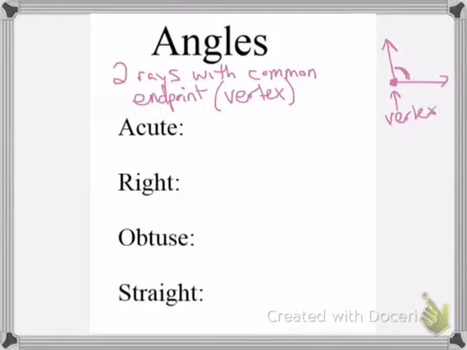Hopefully some of this vocabulary coming up is familiar to you. Acute, right, obtuse, and straight are all types of angles based on their measurements. An acute angle is less than 90 degrees. So that might look something like this. A right angle is exactly 90 degrees.